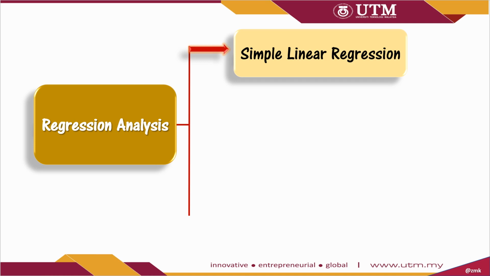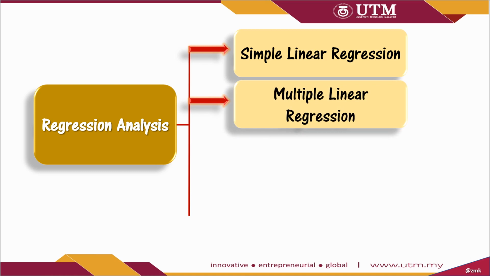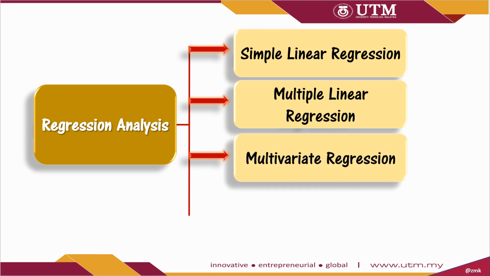Other regression analysis methods include multiple linear regression, which is an extension to the simple linear regression approach, which relates one single dependent variable to more than one other independent variables. You can also have a multivariate regression analysis, which relates more than one dependent variable to more than one other independent variables.